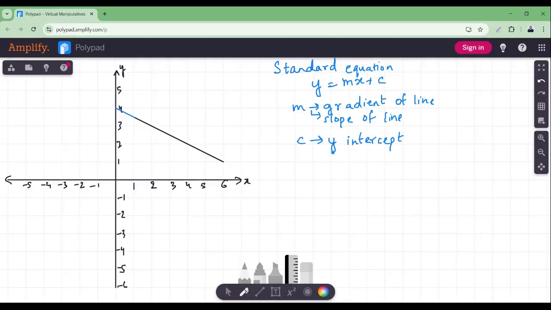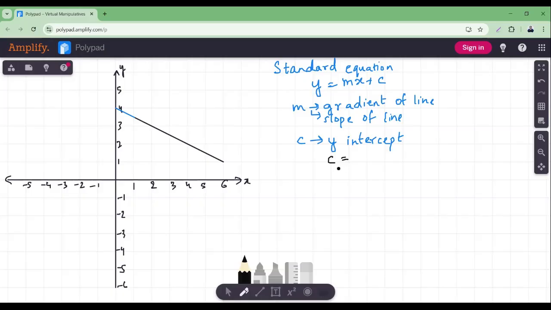So if I extend this line, it is intercepting at 4. So this is called the y-intercept. That is the C that I know. I just have to observe that line and extend it using the scale, drawing it in the same way.